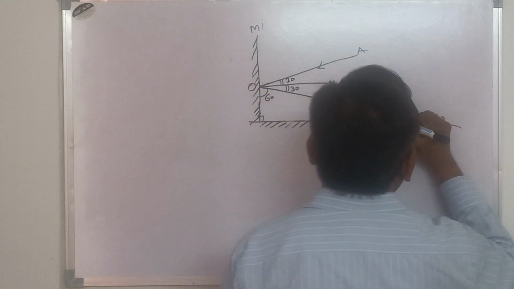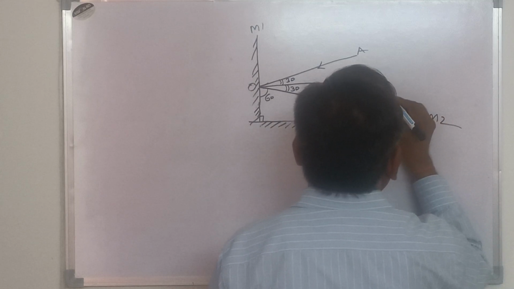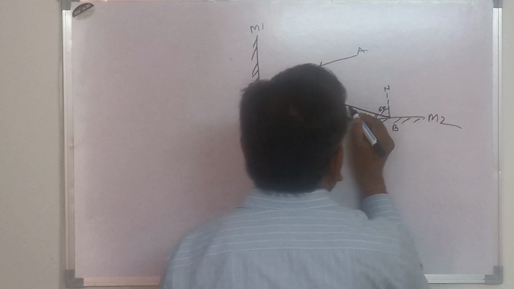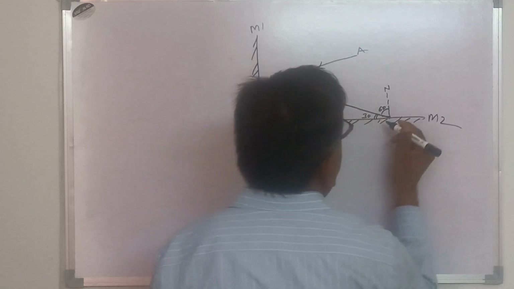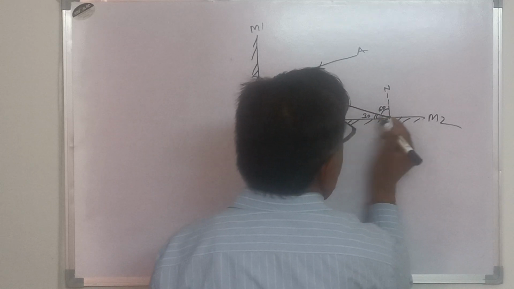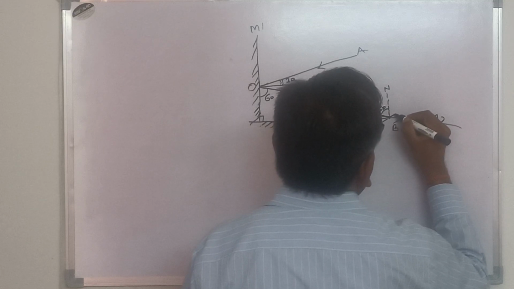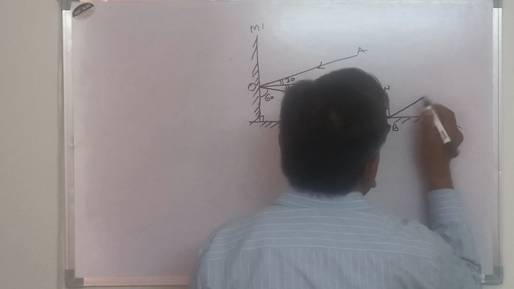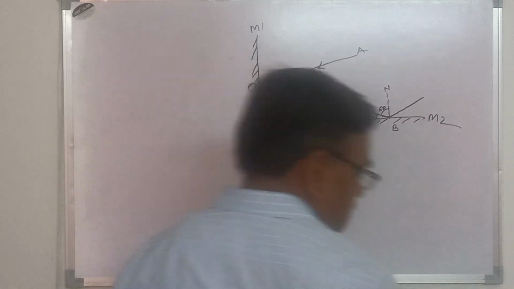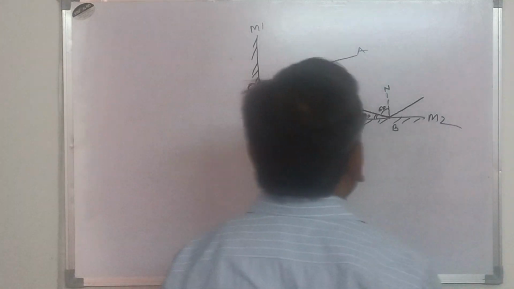This ray becomes the incident ray for this mirror. So the incident angle for this mirror is 60, and the reflected ray goes at 30 degree.